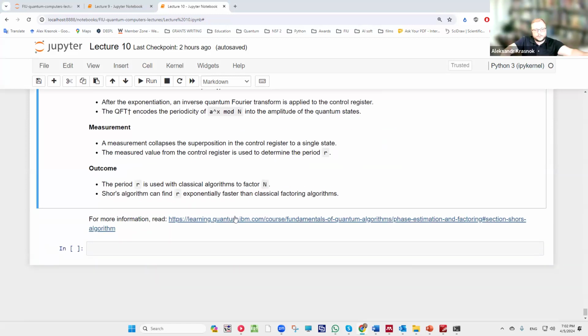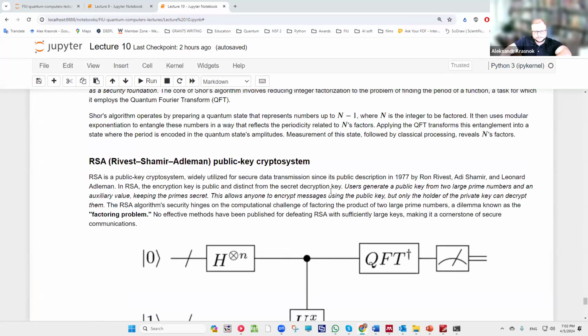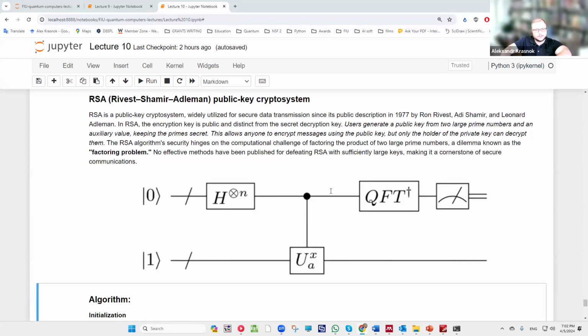And for information, I encourage you to read this part. This is the link to IBM Qiskit, where they discuss Shor's algorithm in much more detail. Unfortunately, in this course, we don't have much time to go through all these very interesting aspects and features.